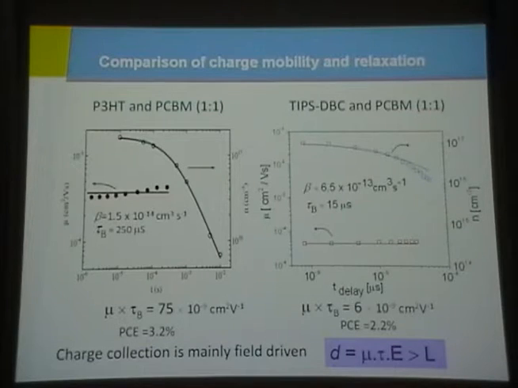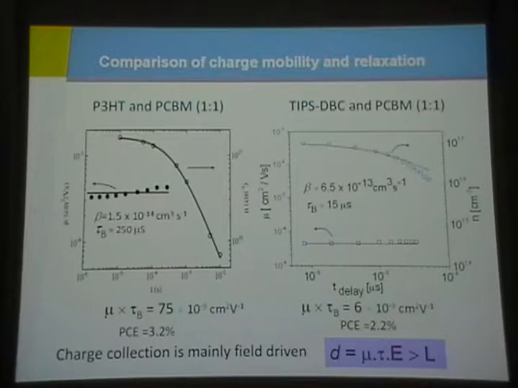PCBM devices, which is one of the very classical materials in today's community, have shown relatively low bimolecular recombination, about 1.5 times 10 to the minus 14, and very long lifetime of charge carriers. At the same time it has a very high mobility. In the case of our small molecule blends, the mobility is one order of magnitude lower, and the bimolecular recombination is about one order of magnitude higher than PCBM.